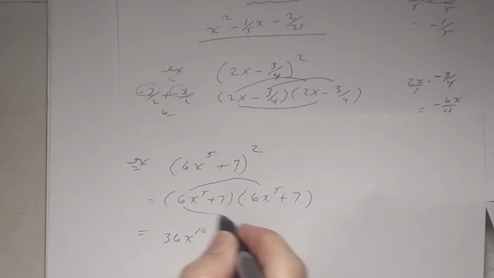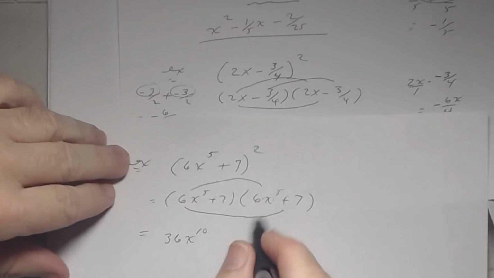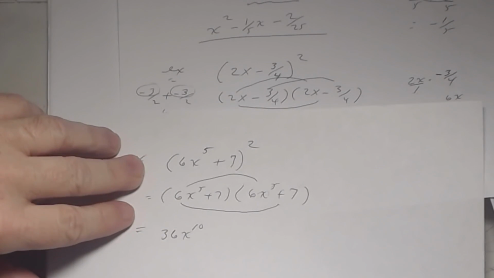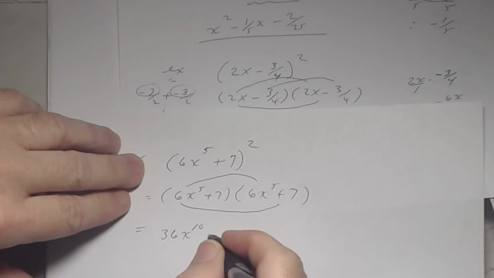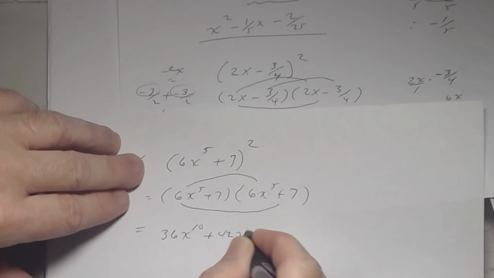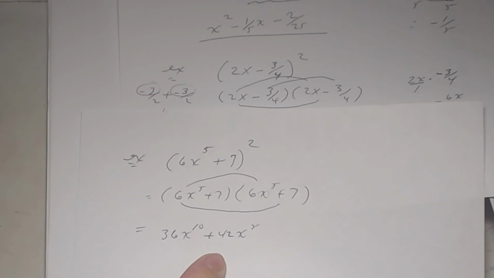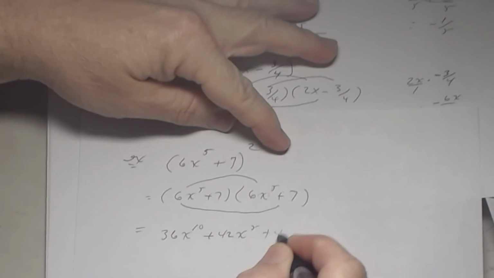What's the outer? 6x to the 5th times 7, which is what? 42x to the 5th. Now remember, I'm squaring a binomial, right? If the outer is 42x to the 5th, then the inner also has to be what? 42x to the 5th. Y'all agree?